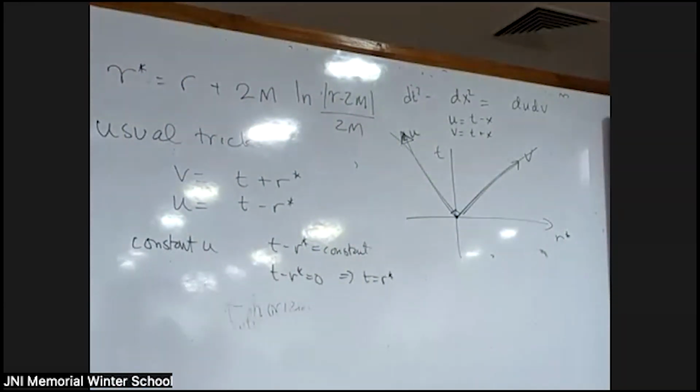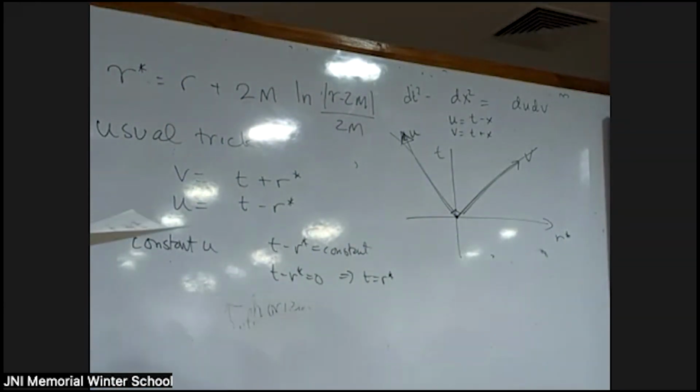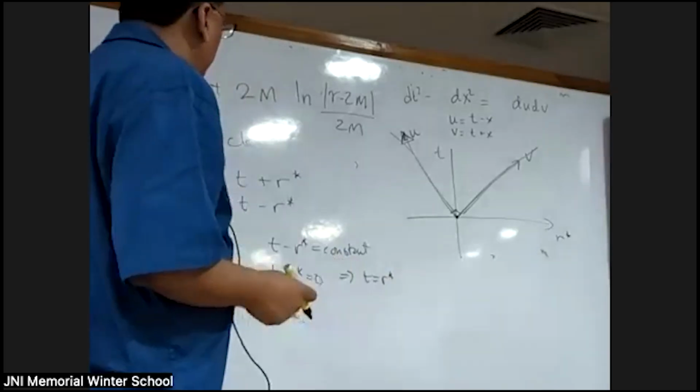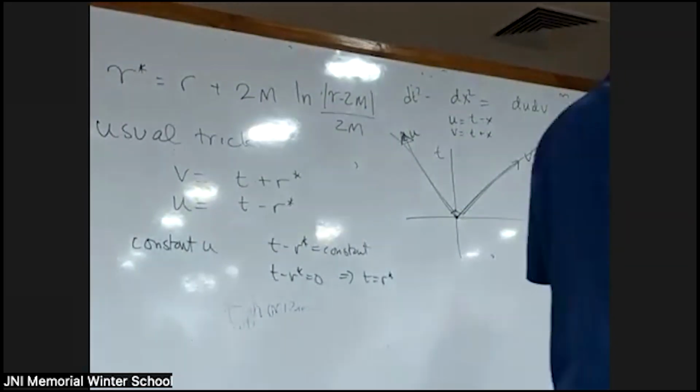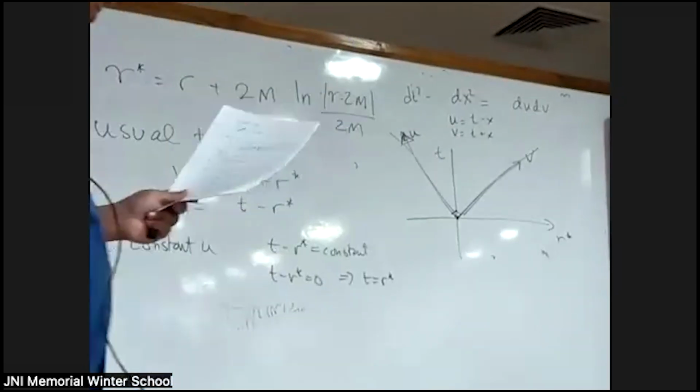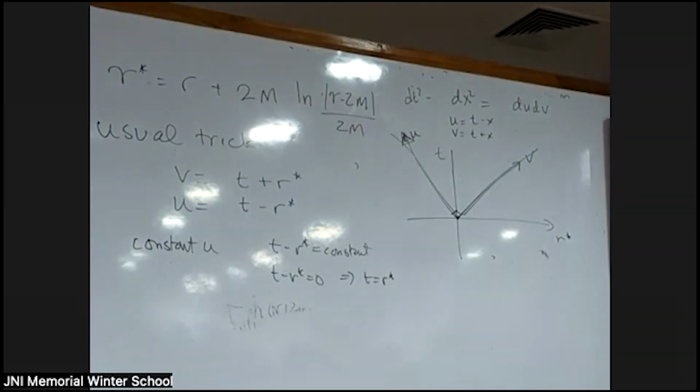Okay, so if we do that, we're going to rewrite our metric in terms of u and v and r, actually.